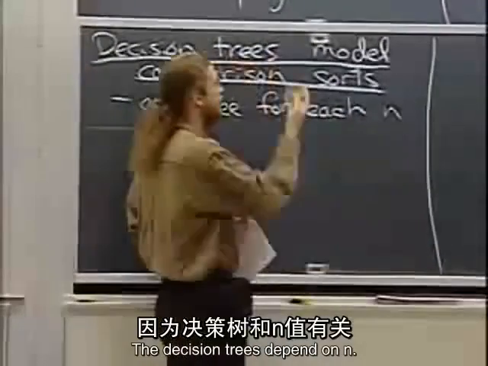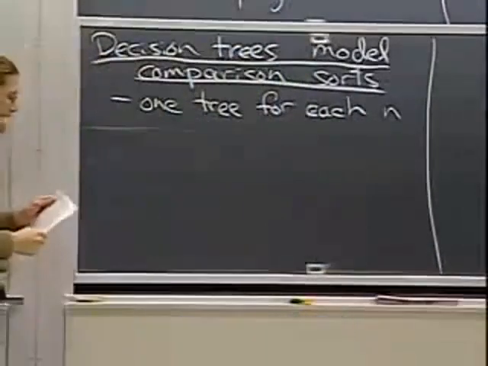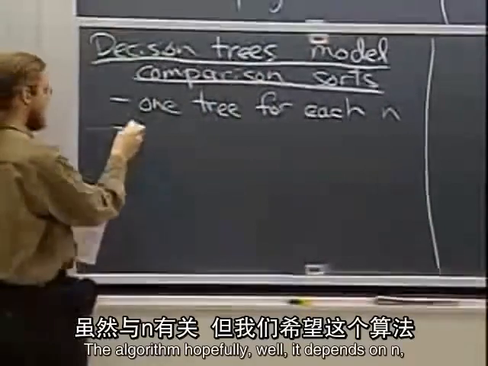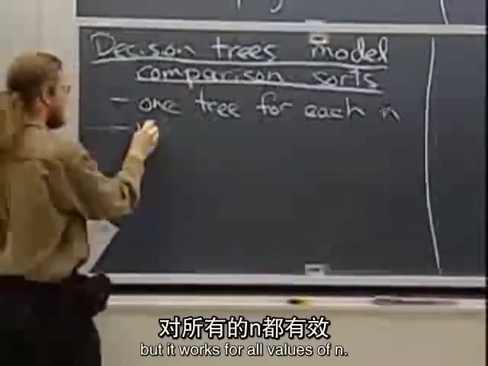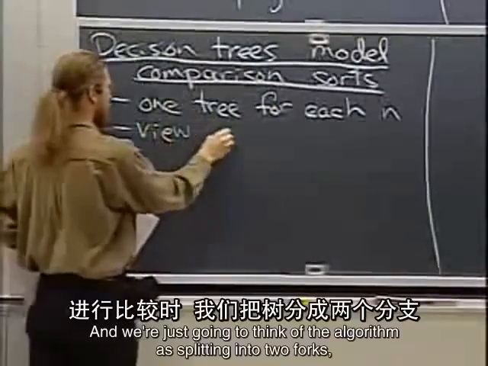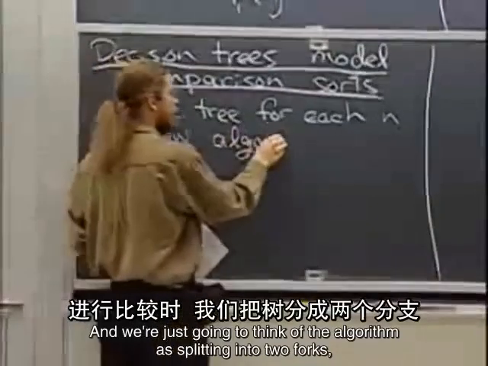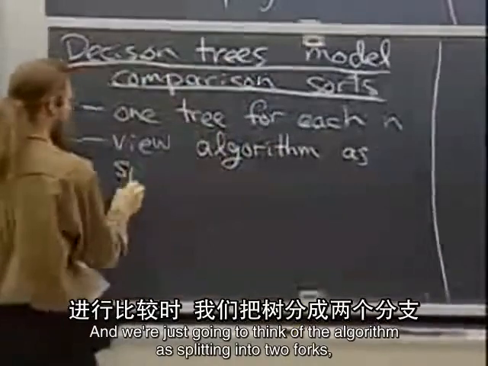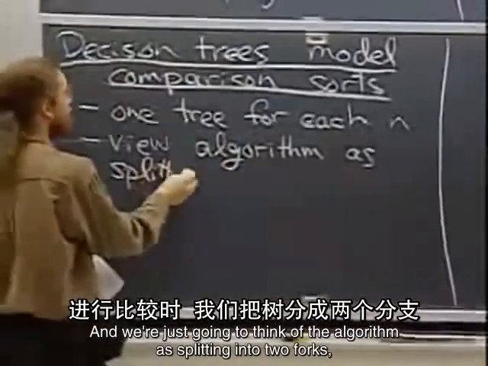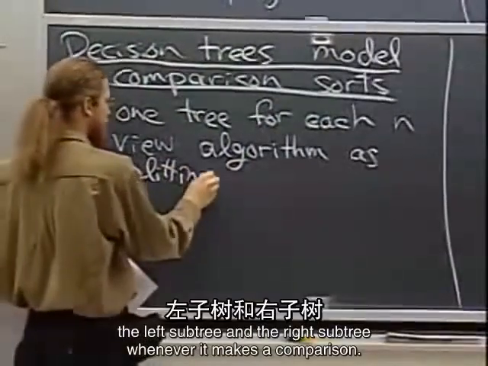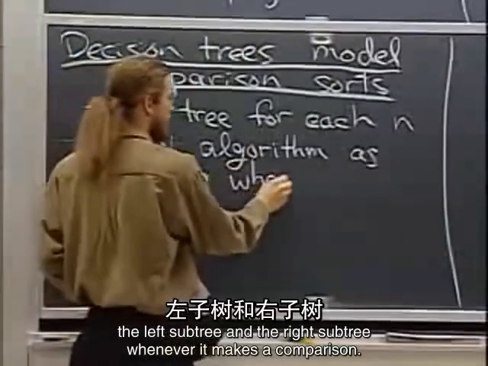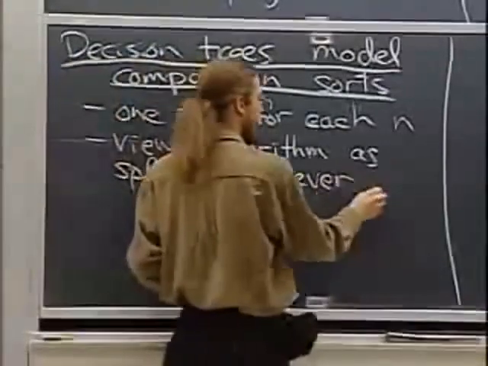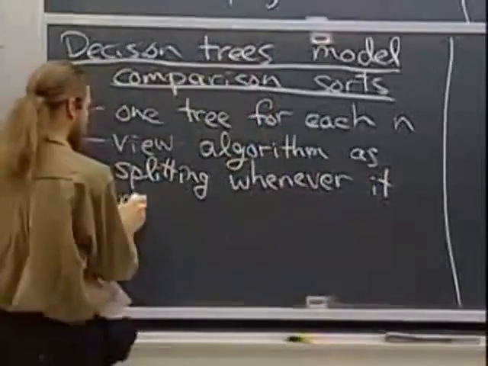As I mentioned, the decision trees depend on n. The algorithm hopefully does, well, it depends on n, but it works for all values of n. And we're just going to think of the algorithm as splitting into two forks, the left subtree and the right subtree, whenever it makes a comparison.